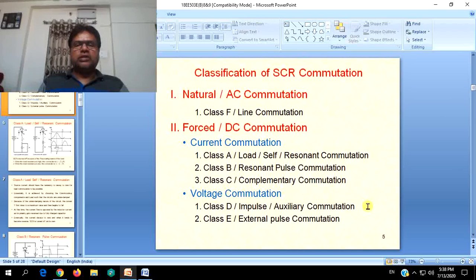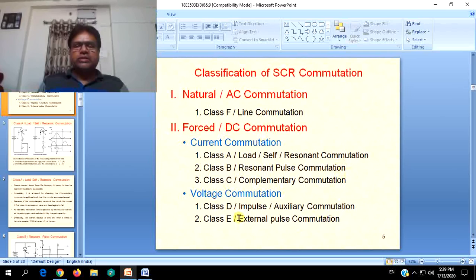That is a disadvantage, and cost will be more. But complementary commutation will be simplest and automatic when compared to the other two. And because of the resonating components in class A and B, more noise will be there. More noise in the waveform will be there.